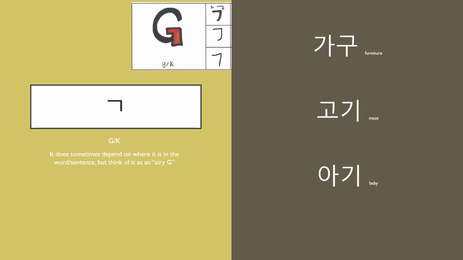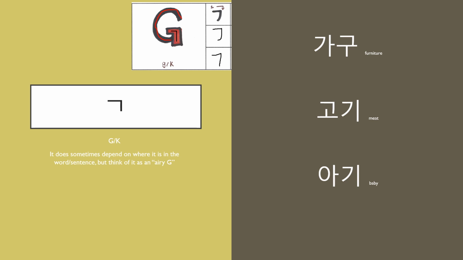To help you remember, this is a little memory trick that you can use. Since it's a G sound, think of writing the English alphabet G, and this is the part that makes the G/K sound in Korean. I say G/K because it's not a solid G sound, but it's also not a solid K sound.